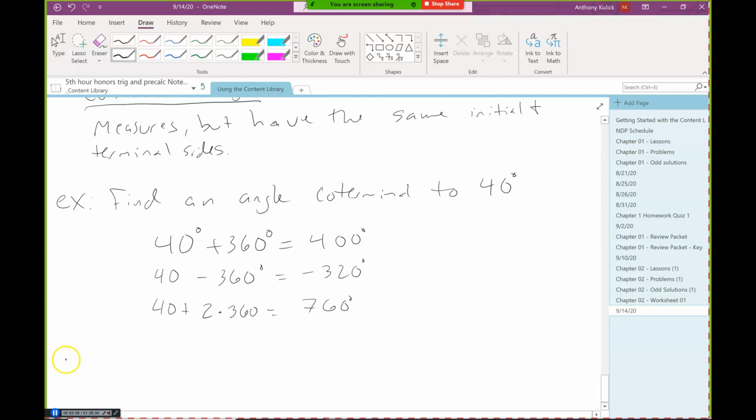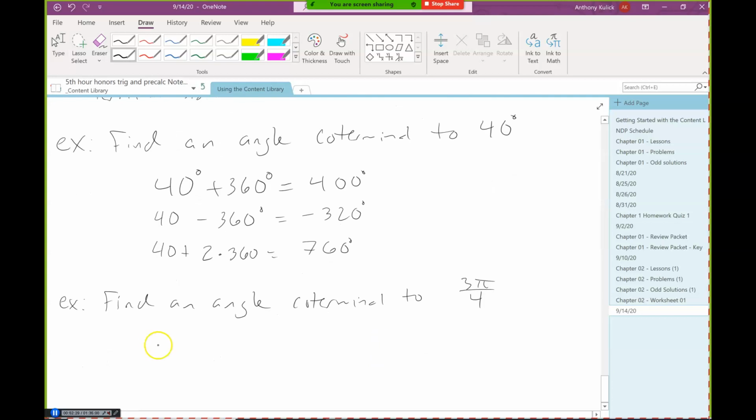What if instead it was a radian measure? What would I be adding this time? Or subtracting? The question becomes, what is 360 in radians, right?